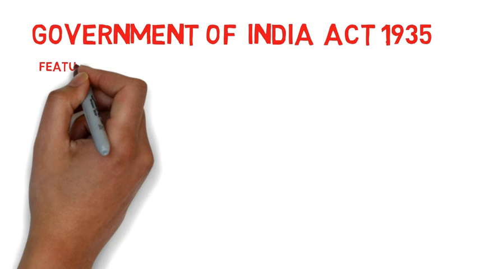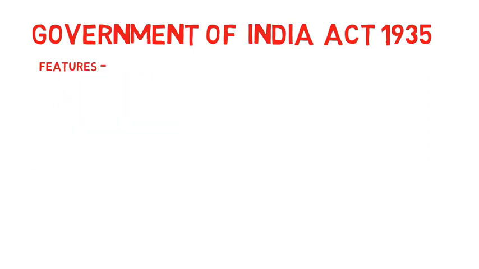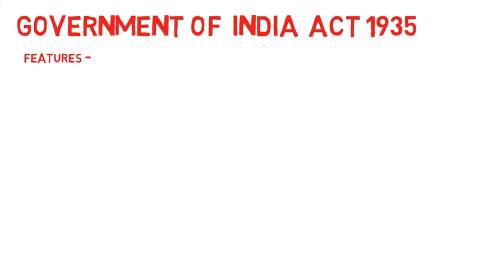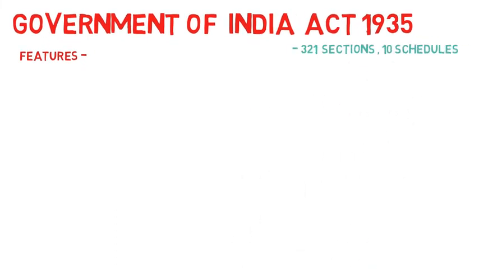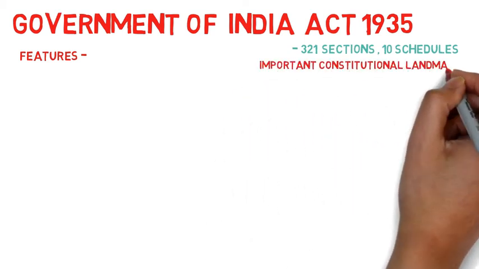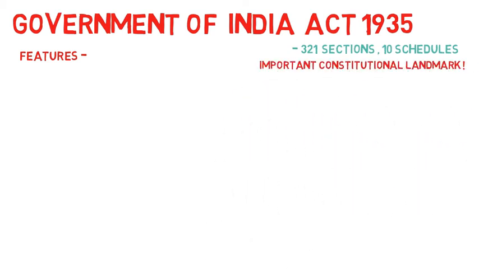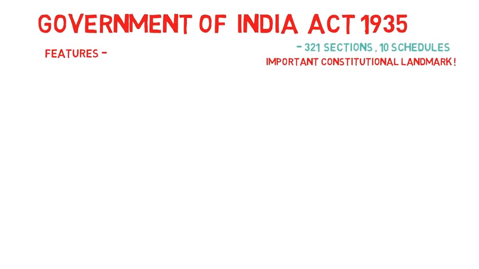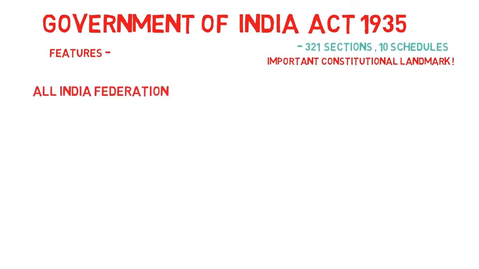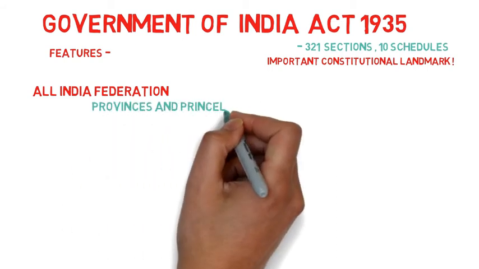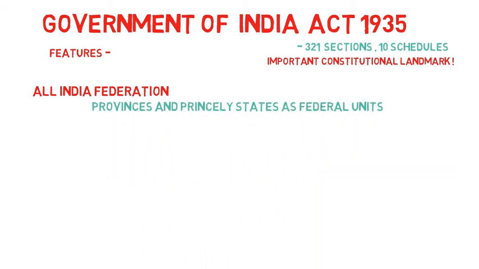Let's look at the features of the Government of India Act of 1935. The Act was a lengthy and detailed document with 321 sections and 10 schedules. Many of the provisions of the present Constitution of India were borrowed from this Act. The Act provided for the establishment of an All India Federation consisting of provinces and princely states as units.